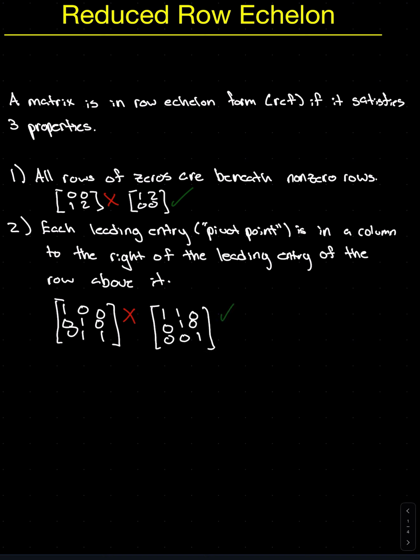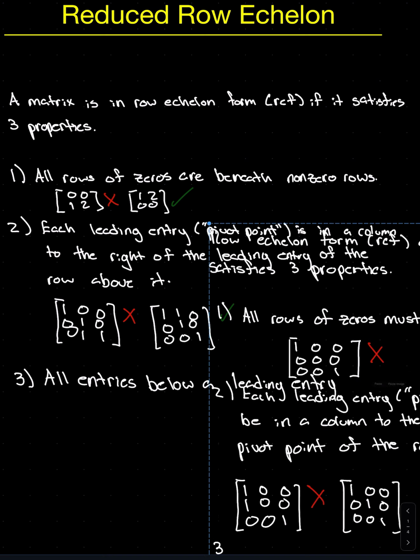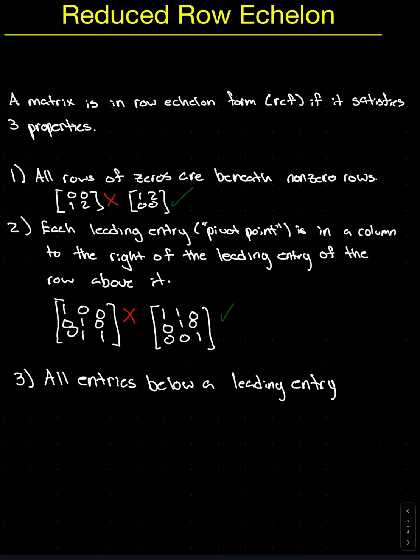And the last property is that all entries below a leading entry or pivot point are 0.